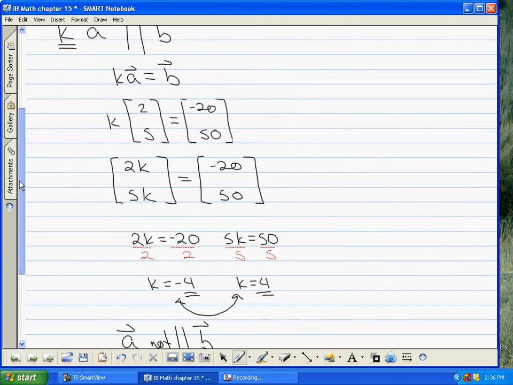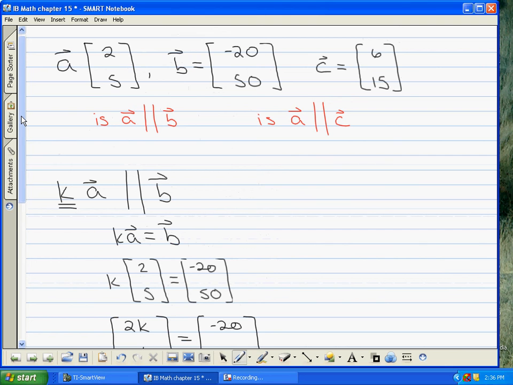Well, let's try the other vector. Is vector A parallel to vector C? Well, according to the definition, vector A is parallel to vector C if there exists some number k such that that number times A will equal C. Using substitution, again, vector A is 2, 5, and then vector C is 6, 15.